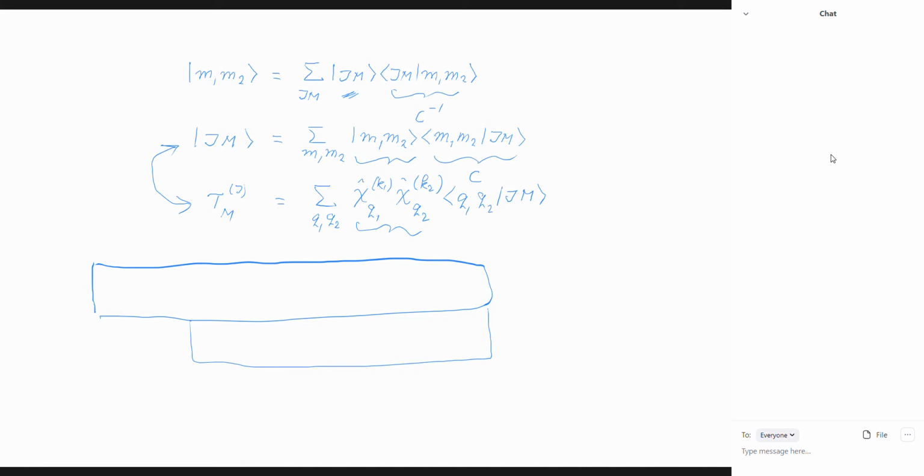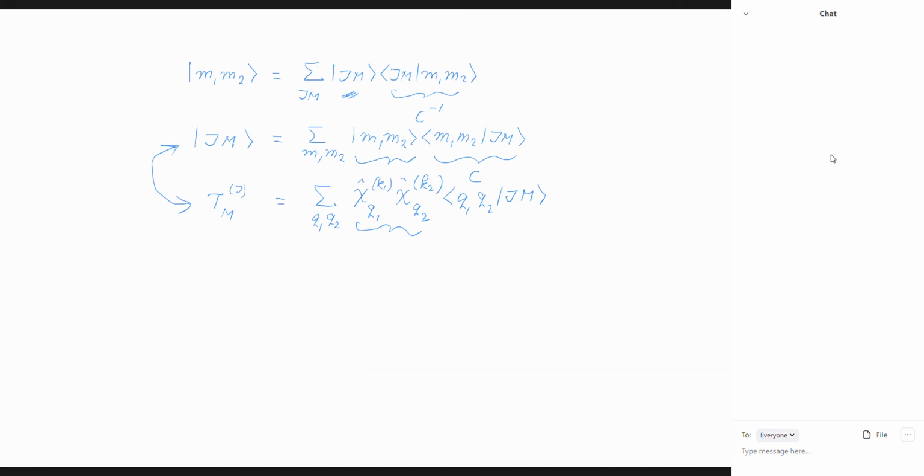And we also have the reverse. Let me erase this. So we have the reverse equation. So then we have K1, Q1, K2, Q2.